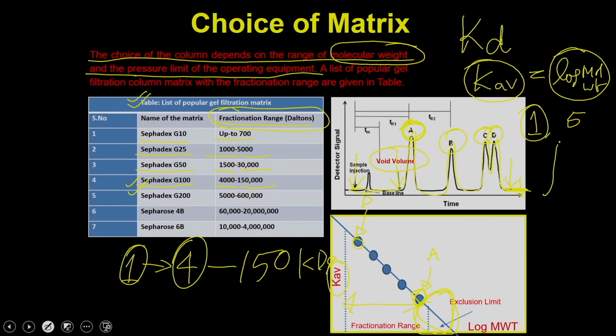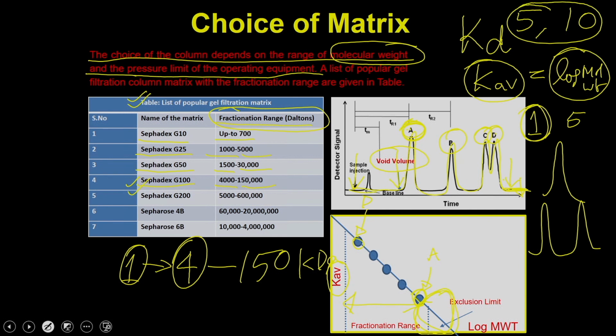So, you are going to see a single peak for 1 and 5, whereas if you have two proteins of 5 and 10, you will see two different peaks, because these two values fall within the fractionation range.